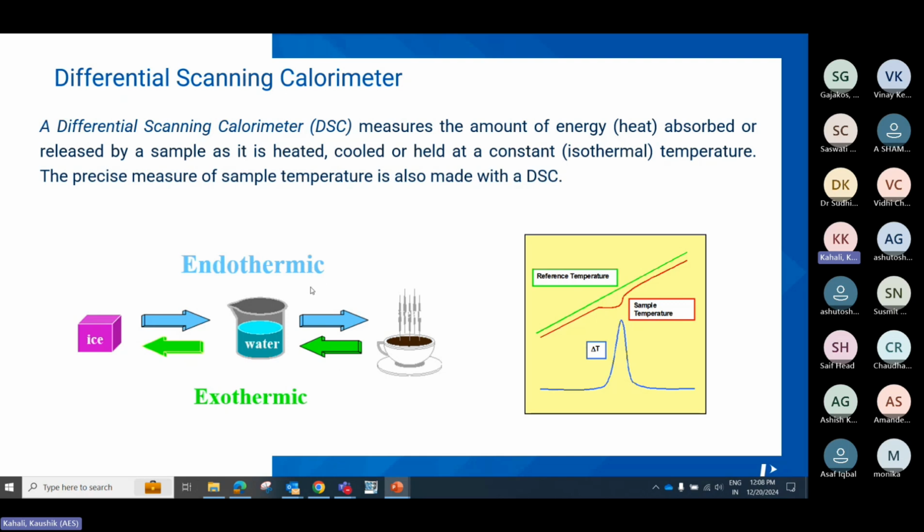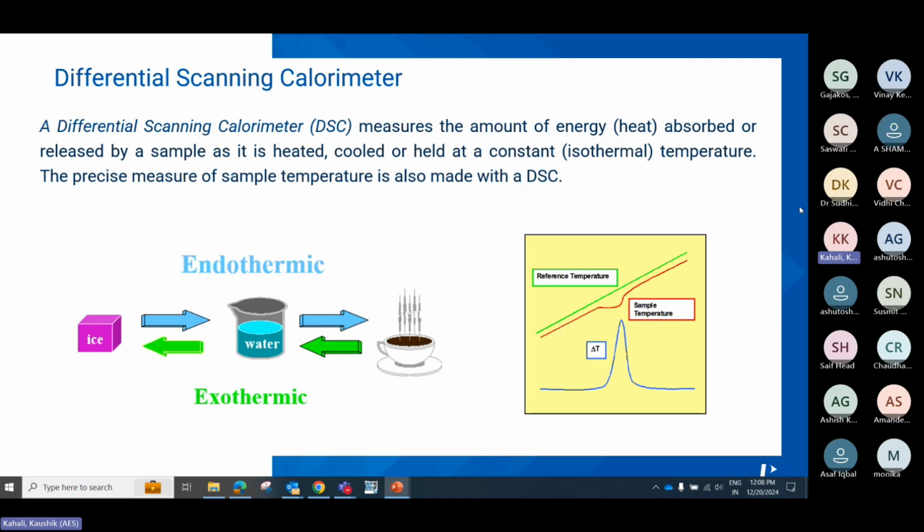So in a DSC, we basically measure how much heat this ice has taken in to become water, or how much heat energy the water has taken to become steam, and vice versa. So how do we measure in DSC, or how does a DSC system work?